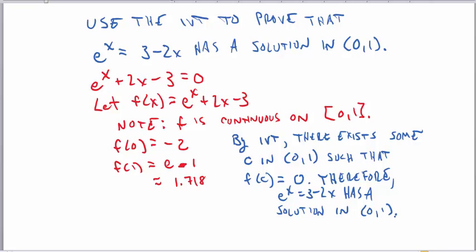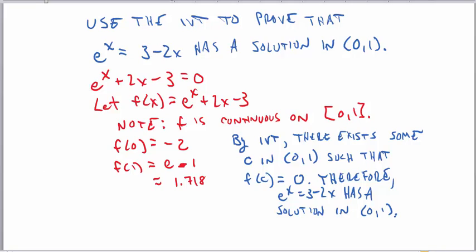So what did I do? I turned the equation into a function, noted that the function was continuous on the interval from 0 to 1, and showed that at 0 the function was negative, and at 1 the function was positive.